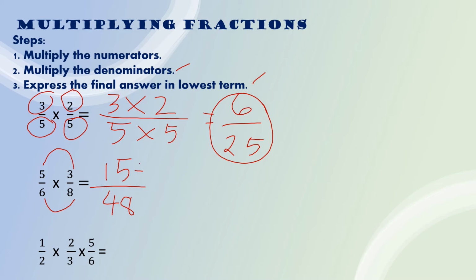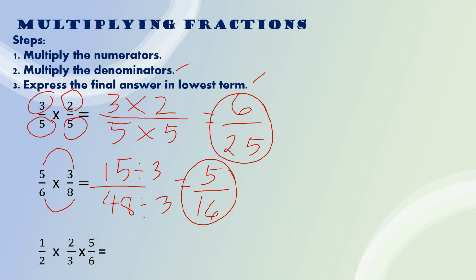We can still divide this by 3. 15 divided by 3 is 5, then 48 divided by 3 is 16. So our answer is 5/16.